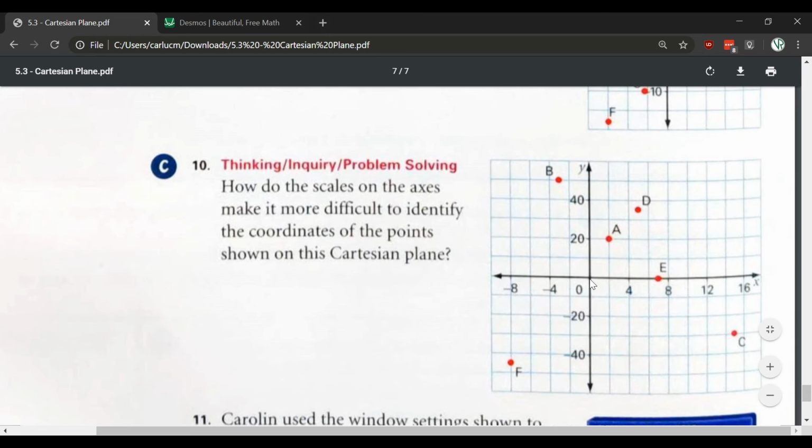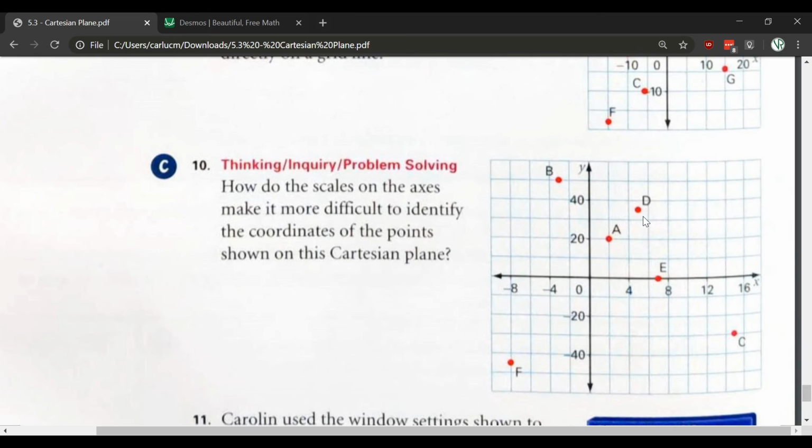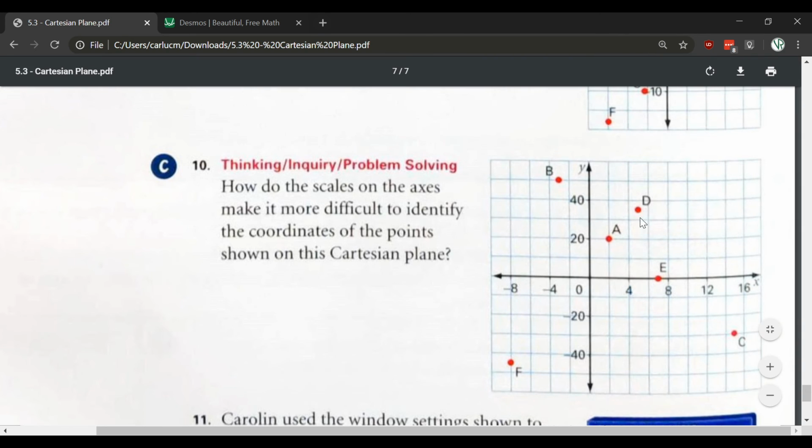However, on the y-axis, we're going up by 10s. So here we're at 2 and 20. But it adds some difficulty because we have to pay more attention to the scales instead of just counting grid lines.